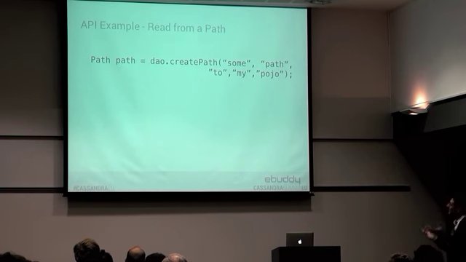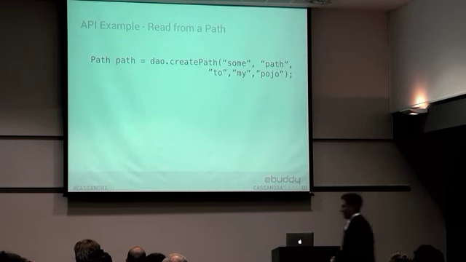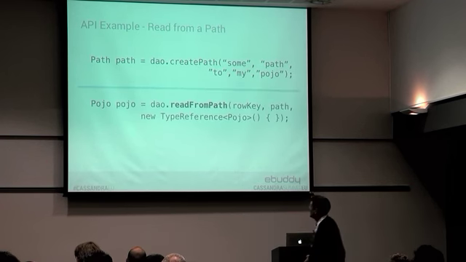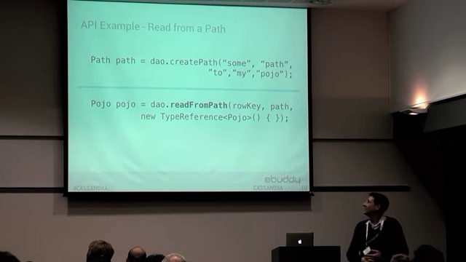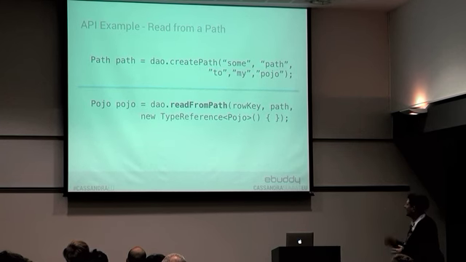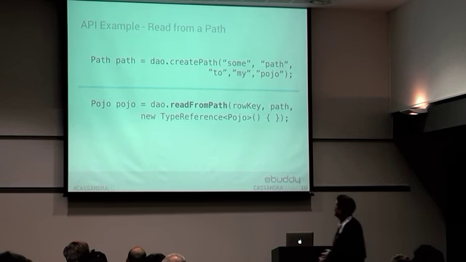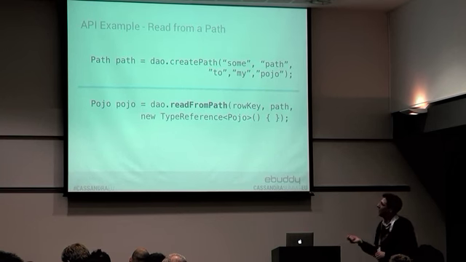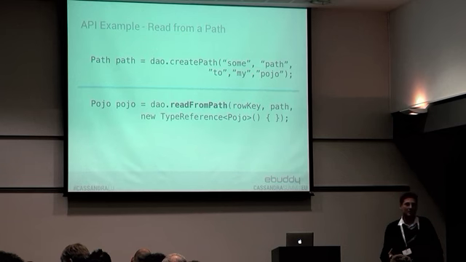To read an object from a path, you again create a path, and then you say read from path. Give it a row key, the path, and a type reference. So this tells the library how we are going to recompose this object into your POJO.